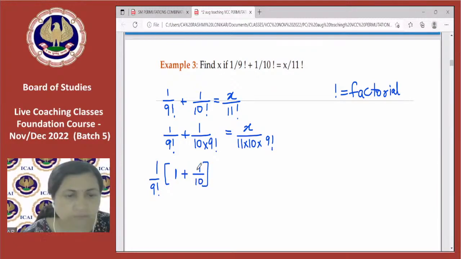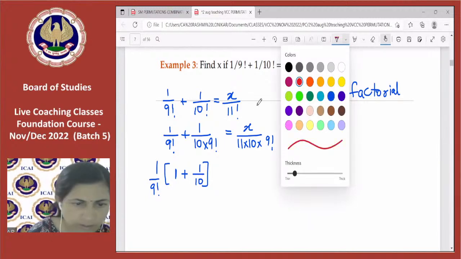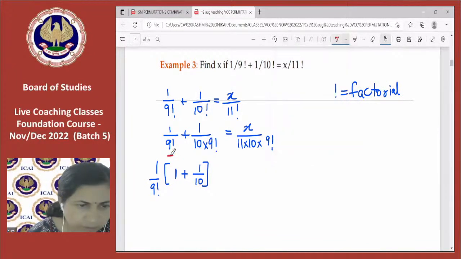Because from here, I have taken out this 9 factorial.